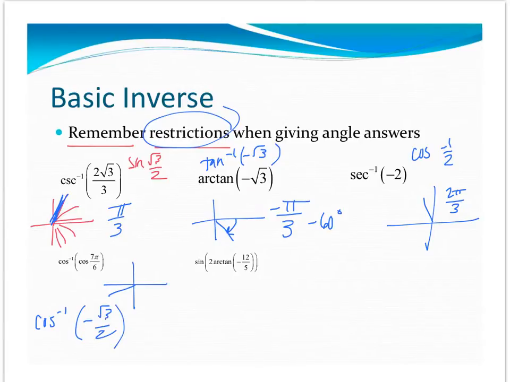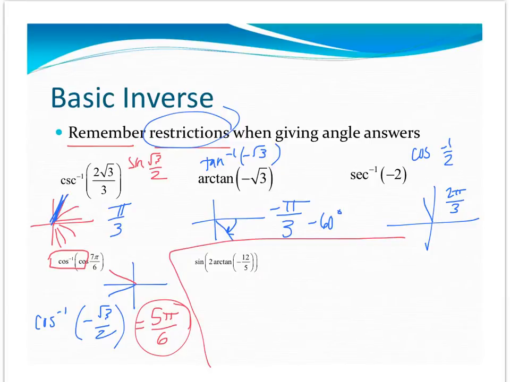However, because I'm now doing a cosine inverse, I have to obey those restrictions. And those restrictions tell me that my answer can only be in quadrants 1 or 2. Therefore, my answer is 5 pi 6. So I don't want you to assume that a cosine inverse always just cancels off a cosine. We have to actually walk through the problem.